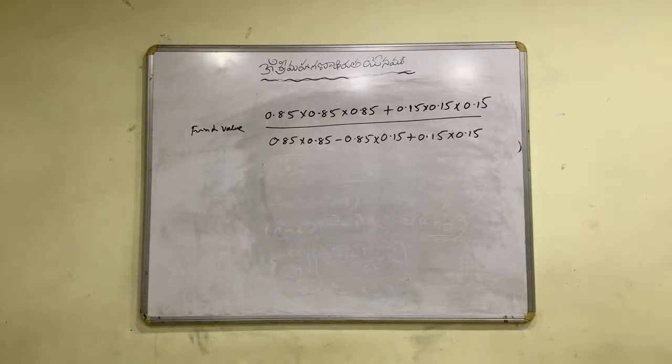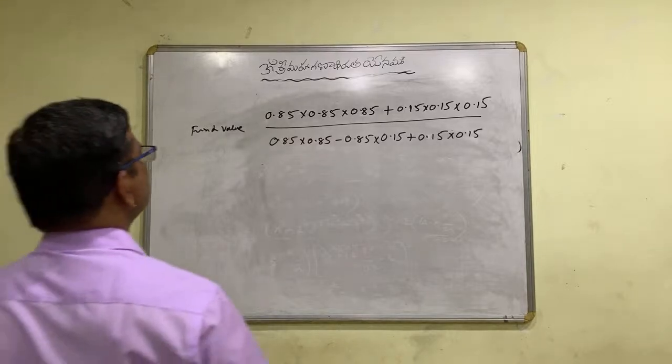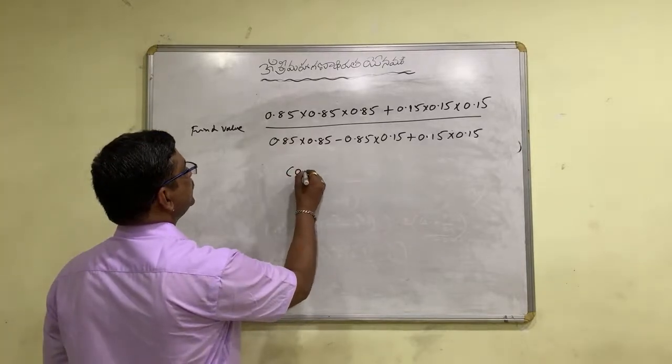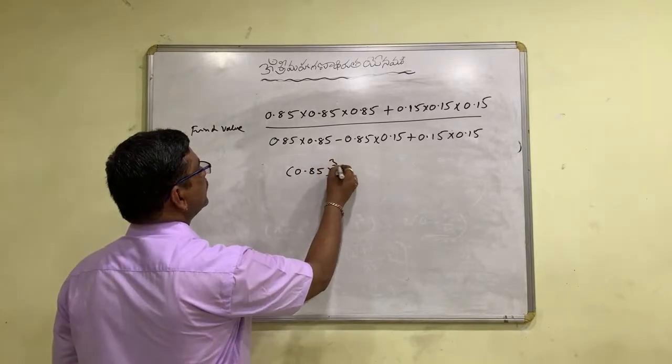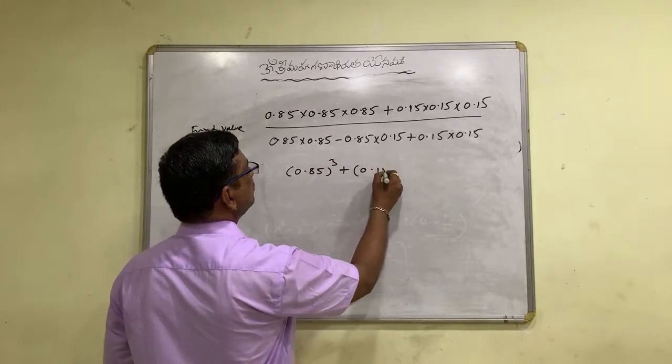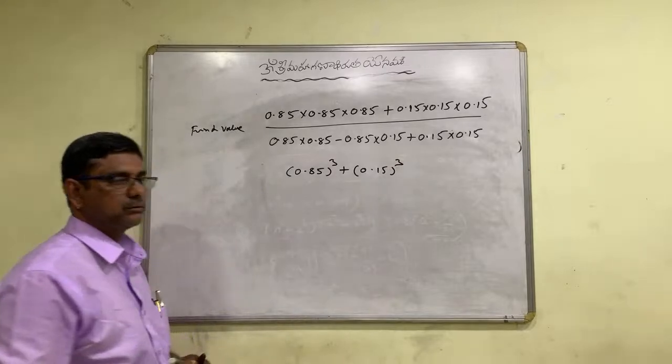How can we do it? Don't worry. If you see the numerator, it is nothing but 0.85 whole cube plus 0.15 whole cube.